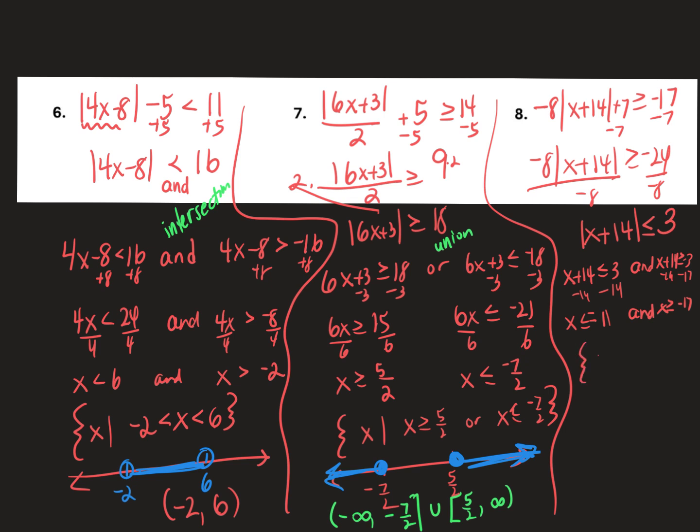So in set notation, x such that x goes in the middle, less than or equal to negative 11, greater than or equal to negative 17. And then on a number line, I'm going to put negative 17, negative 11, solid circles. The intersection would be here. The shading goes together. And in interval notation, my answer would be from negative 17 to negative 11.